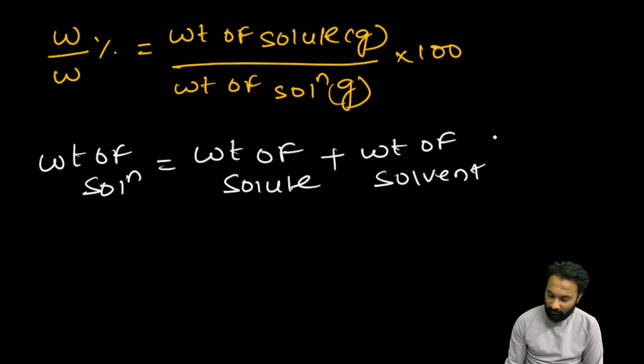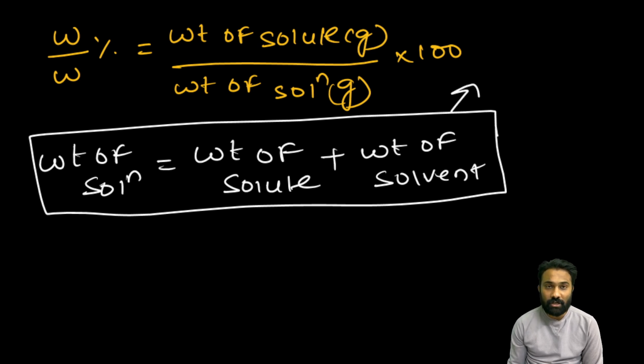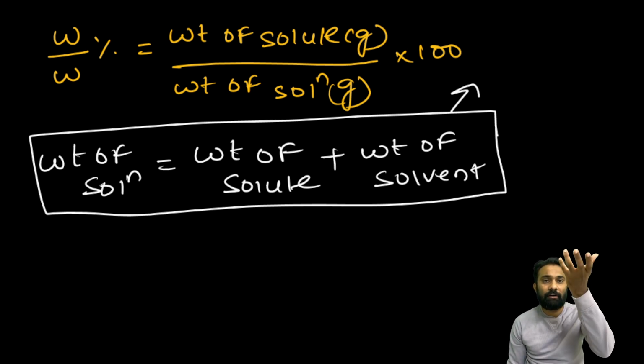Clear? With the temperature, the weight of the solution will not change. Only the volume of the solution will change. If you heat, the volume will decrease. But the weight of the solution has no change.